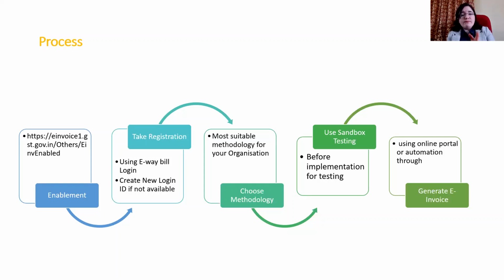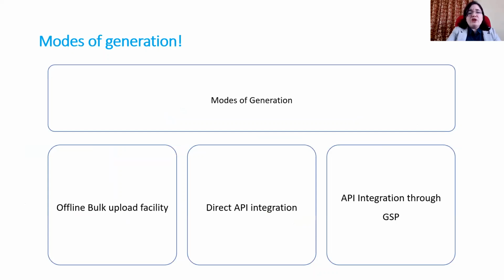Then the third and most important step is to choose a methodology. What methodology should your organization opt for to generate e-invoices? If you see the modes available for generation of e-invoices, the first mode is the offline bulk utility.